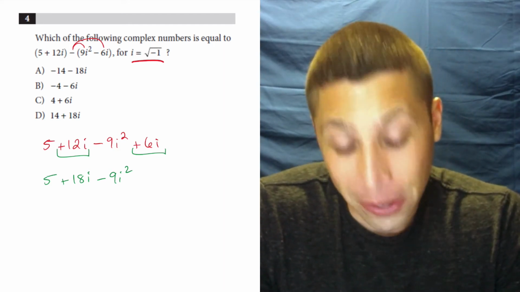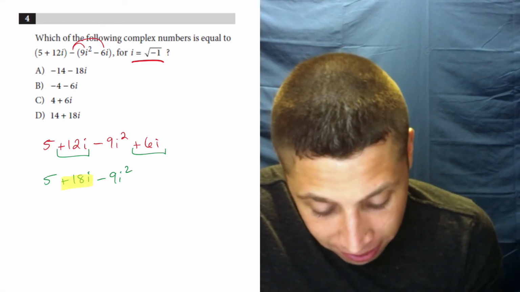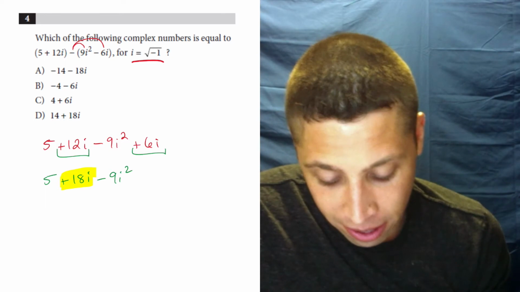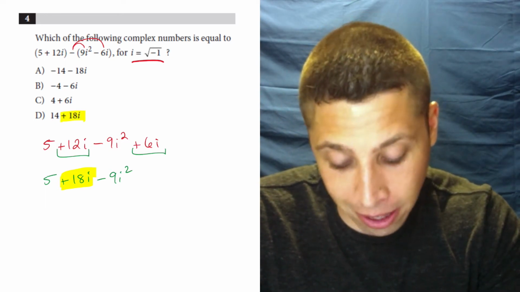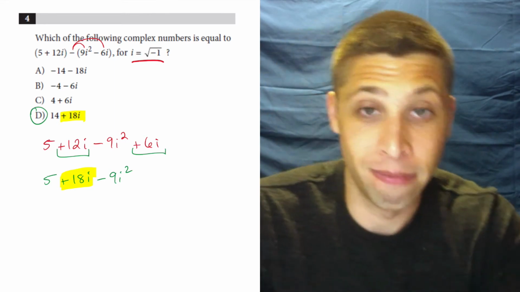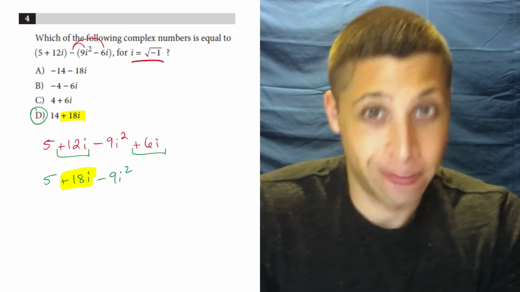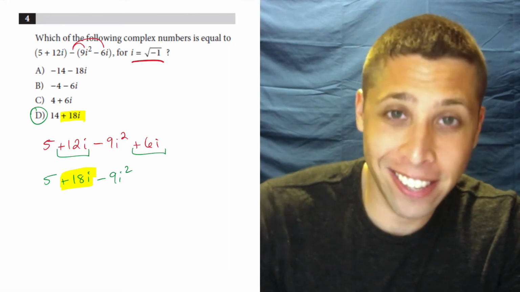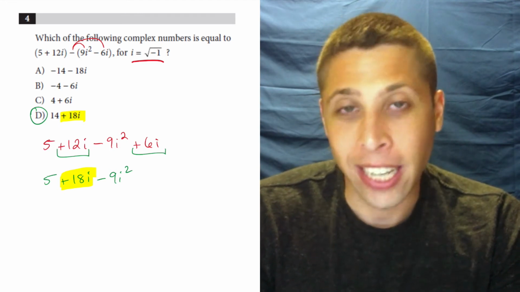But look, if you're just kind of trusting the process a little bit here, we have a plus 18i, and only one answer has a plus 18i. So if I were just guessing randomly at this stage, I would pick D. And if that's the best you can do, that's fine, because it's going to get you the right answer. That is the answer. But there is a way to get this by proving it, and it's not much harder.